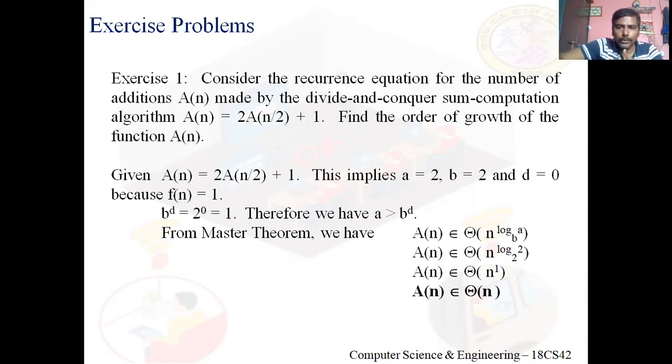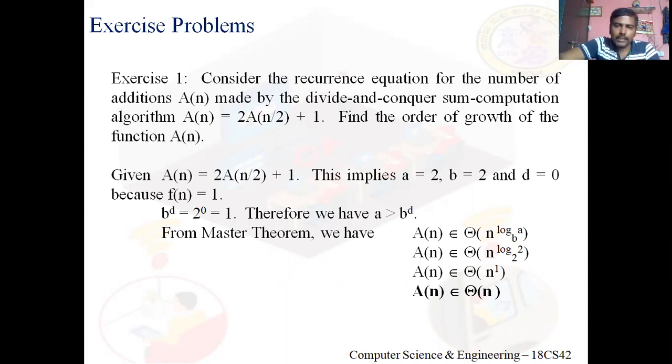What is a? 2. b power d equals 2 to the power 0, which equals 1. So a is 2, b power d is 1, and a is greater than b power d.